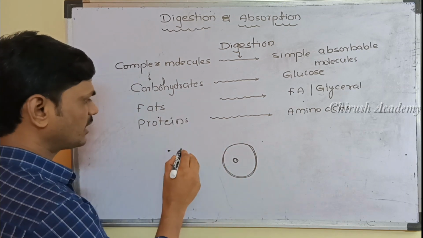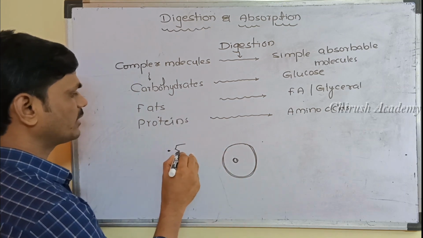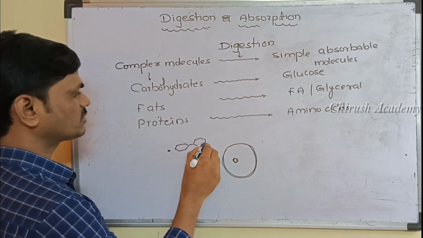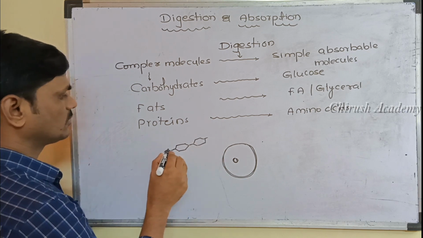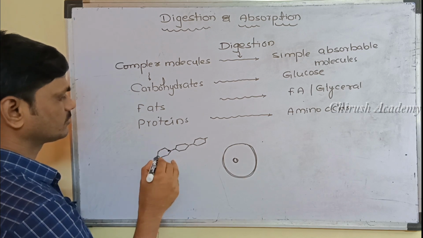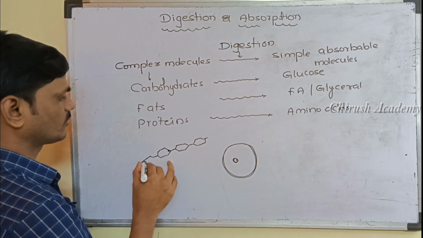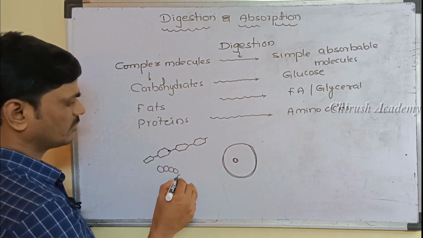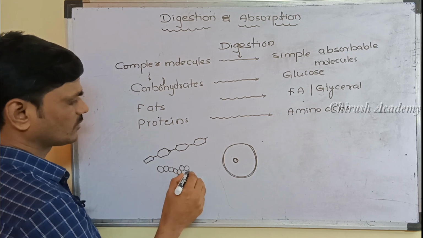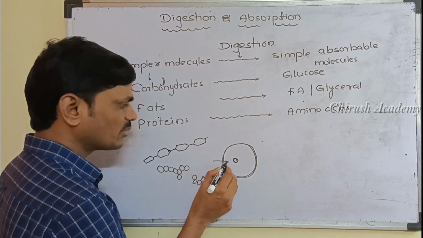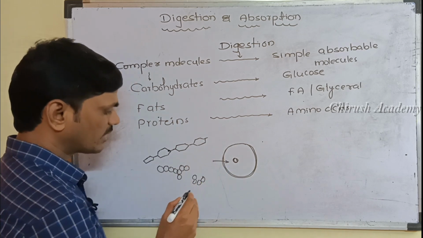And these complex molecules of the food, you can see, carbohydrate, this is a complex molecule of carbohydrate. For example, the complex molecule fats. These complex molecules do not cross the cell membrane because they are too large.